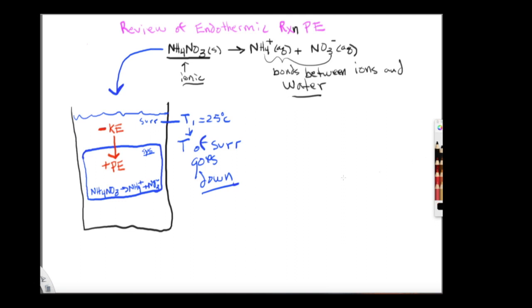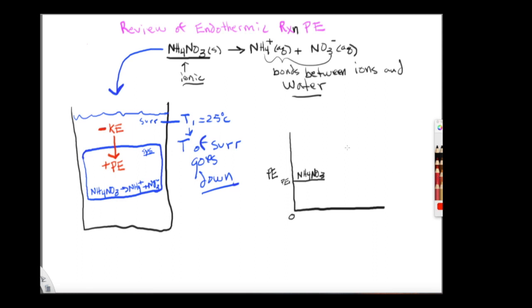If we were to graph this, we put potential energy on the vertical axis, and we pick a point anywhere on here to show where we're starting. So this is the ammonium nitrate. This point here is 0. And I'll just define this as being PE1.